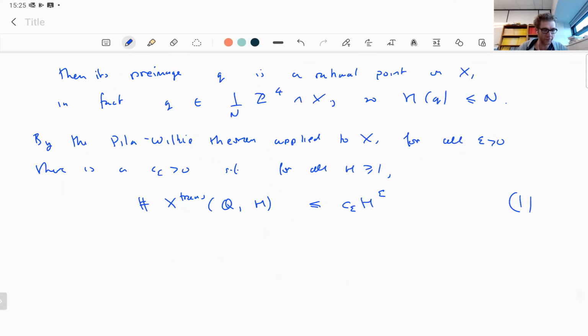Okay, so what's the other ingredient I mentioned, the Galois bound? In this case, it's due to Masser. This is a weak version.